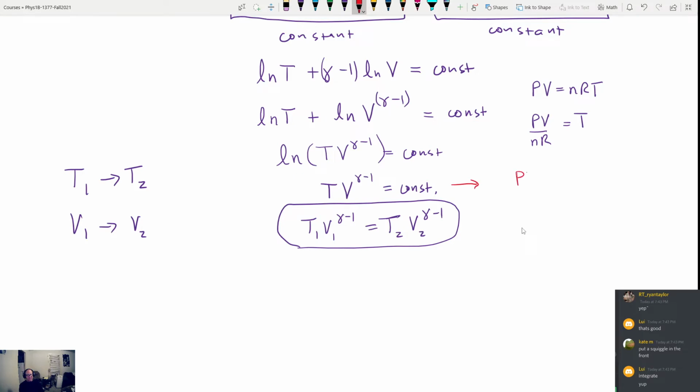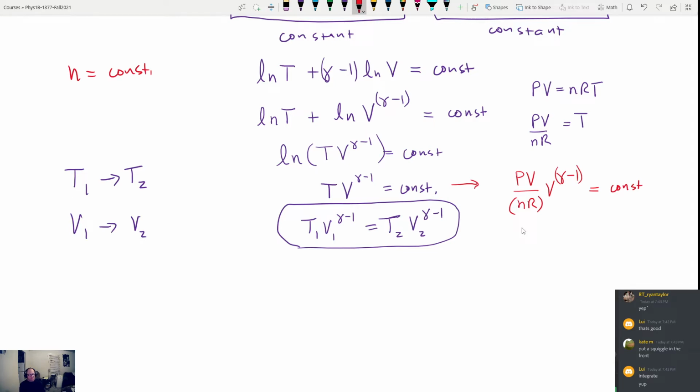So we'll have PV over nR multiplied by V to the gamma minus 1, and that's going to be equal to a constant. But n and R are going to be constants. We're going to assume that n is constant for the processes that we're going to talk about. So we're going to absorb n and R into the constant on the right-hand side.